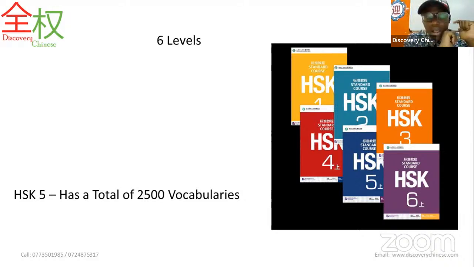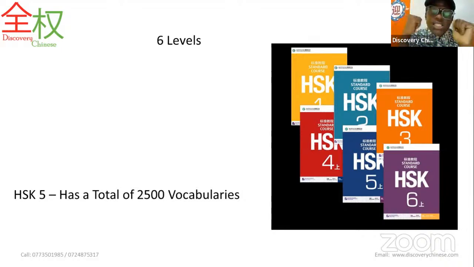But remember, that may be for 1 year or 1 semester courses for furthering your Chinese. However, if you want to apply for a master's degree, then level 5 and level 6 should be your aim.